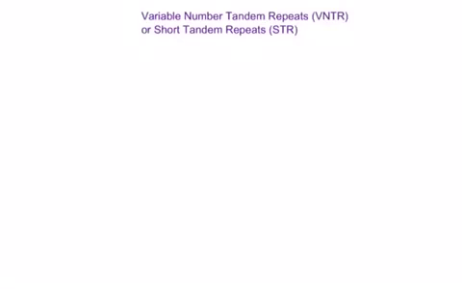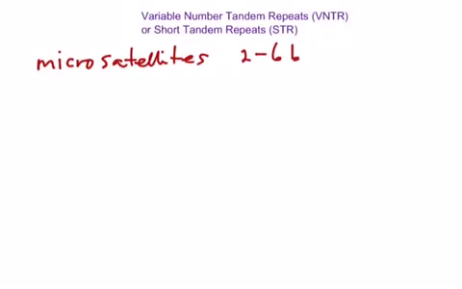These short tandem repeats are often divided into two categories. One category is referred to as microsatellites, which are usually nucleotide sequences of somewhere between 2 to 6 bases long, and it's these 2 to 6 bases that are repeated, so that forms the short tandem repeat.